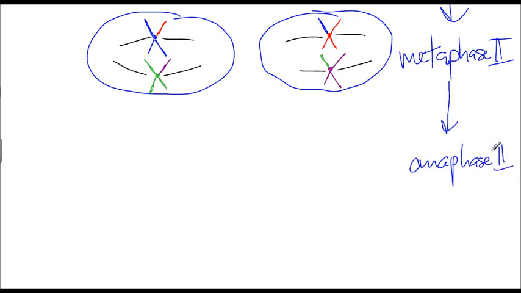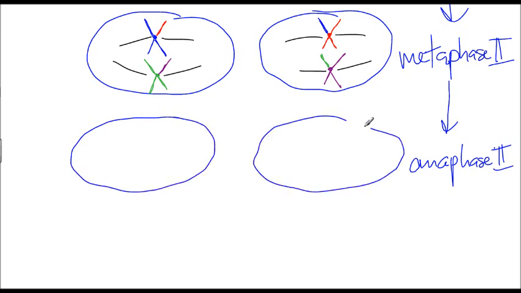Anaphase 2. And now make note of what's actually going to happen with these two cells. These spindle fibers are going to pull apart these chromosomes, and they're going to form half. Sorry, I know it seems it's taking a while, but it's the only way to really understand meiosis.